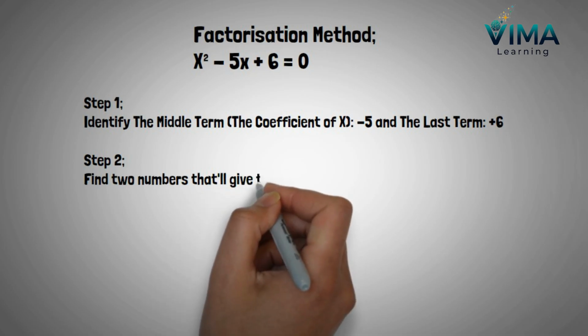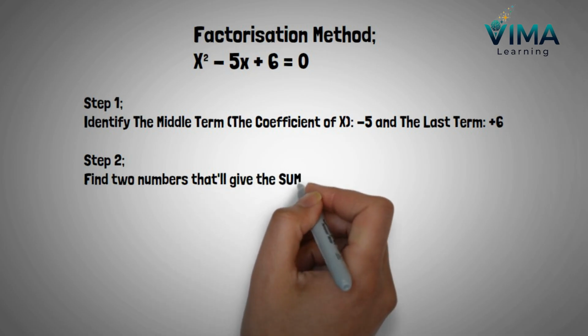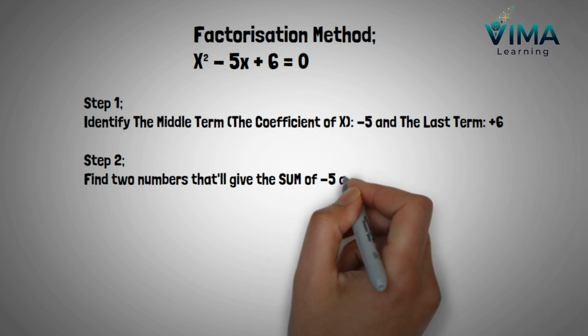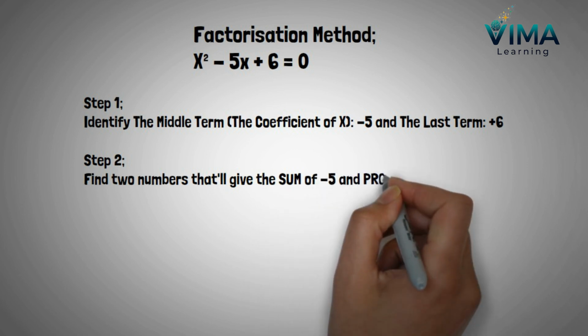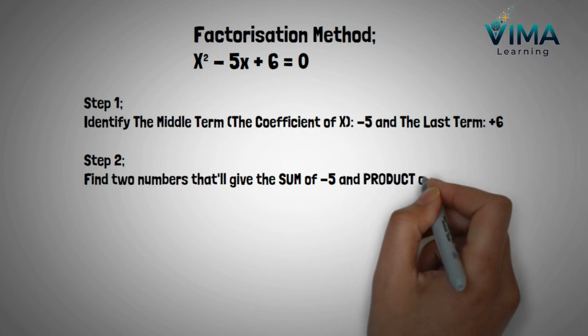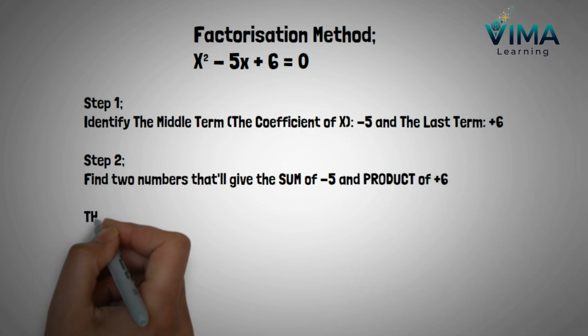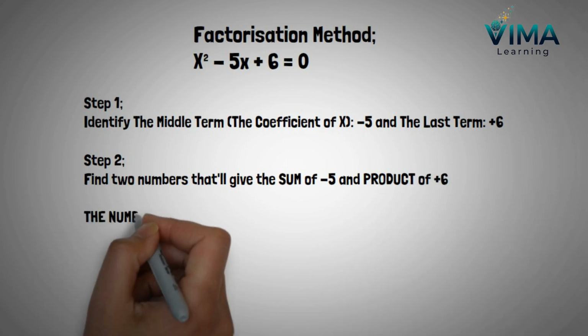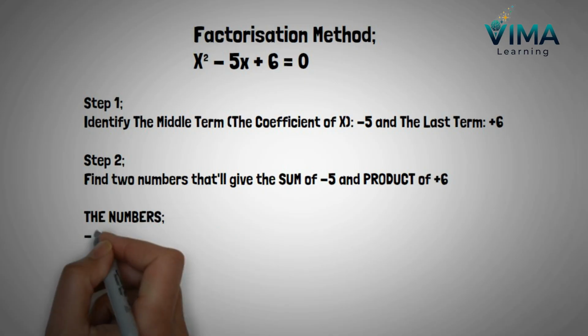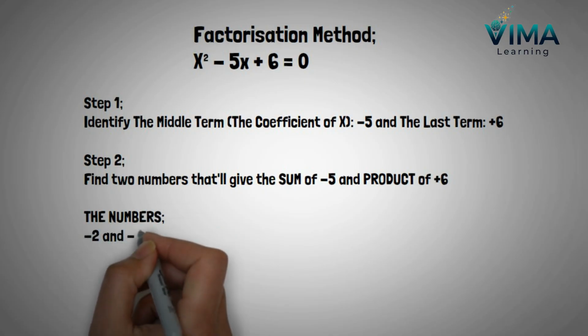So we will try to look for two numbers that when we add together they give us minus 5. When we multiply those same numbers, we should get plus 6. Two numbers that satisfy these conditions are minus 2 and minus 3. Now let's check.